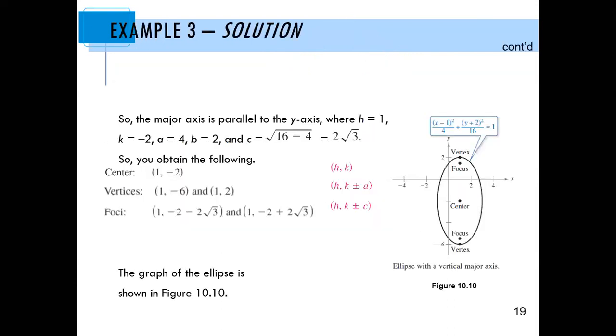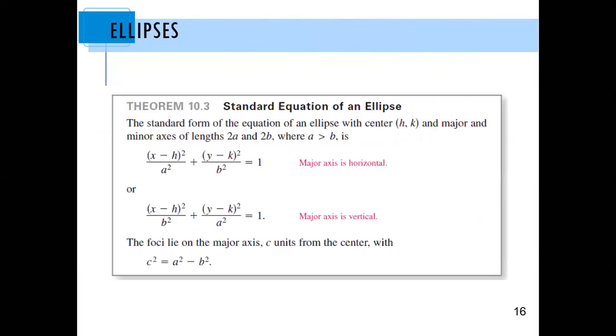You think about it. I go back to this equation right here. If A and B were equal, so if A and B were both like r squared and r squared, then I can multiply through by r squared and I would get (x - h) squared plus (y - k) squared equals r squared, which is the equation of a circle, yeah?